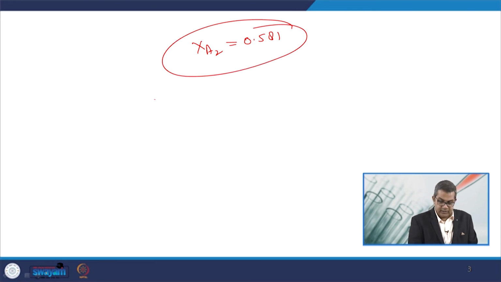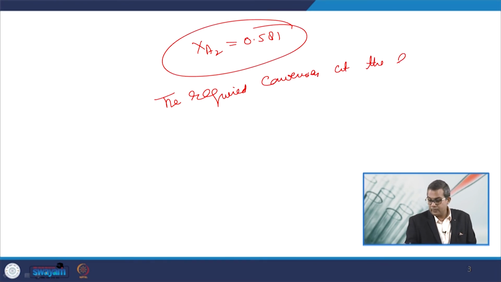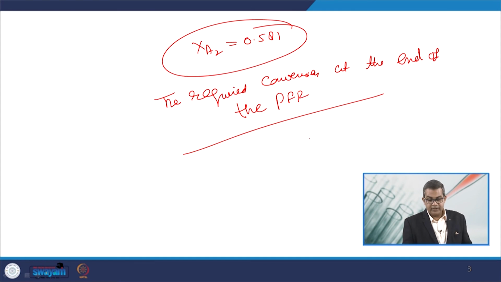Now, this is the required conversion at the end of the PFR. So, in this way we find it out for the entire system.